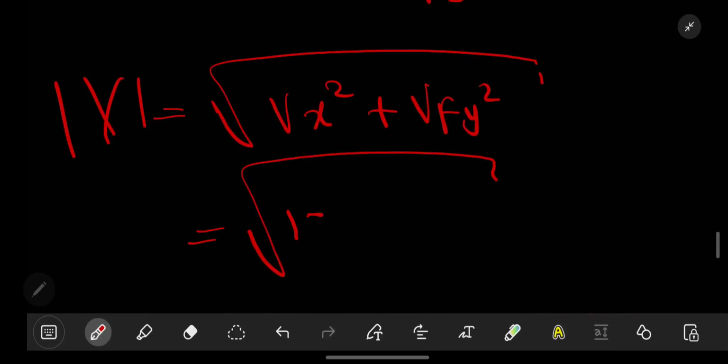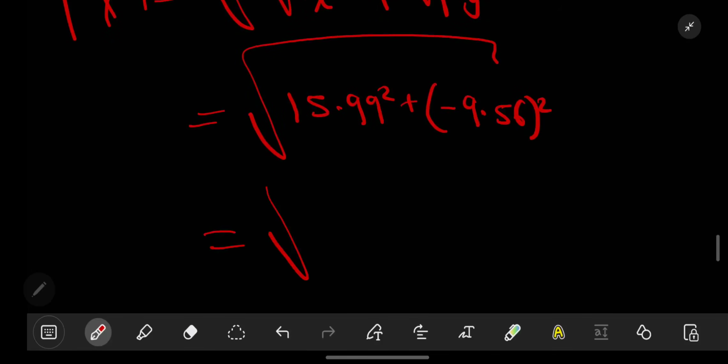So we are going to put 15.99 squared plus negative 9.56 squared. You put that number in brackets, negative 9.56, squared.